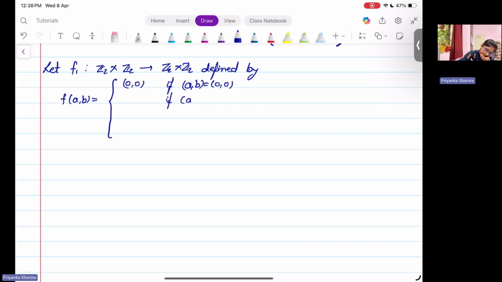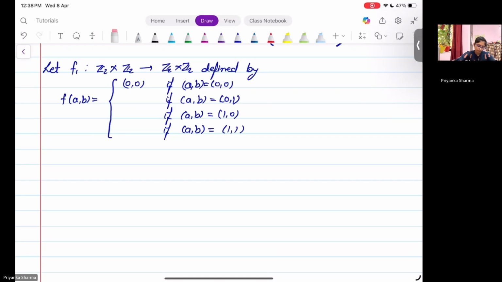We need to take the images of the remaining elements also. So this is 0, 1, this is 1, 1, and this is 1, 0.